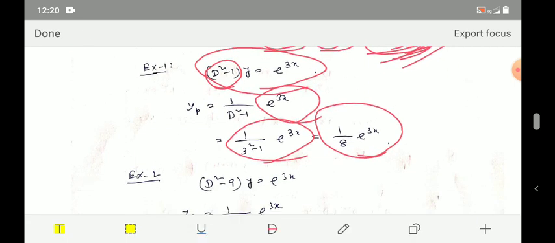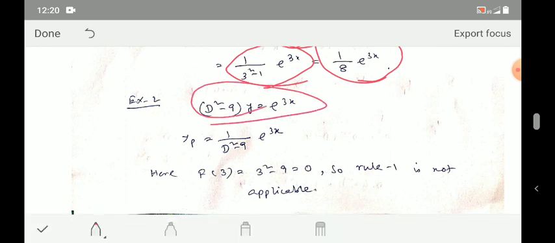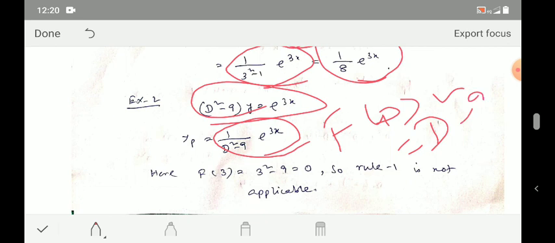Again, if we consider the example 1/(D^2 - 9) e^(3x), here f(D) = D^2 - 9. Therefore f(3) becomes 0. So as we already said, for this case we cannot use this method. I will discuss this part later.